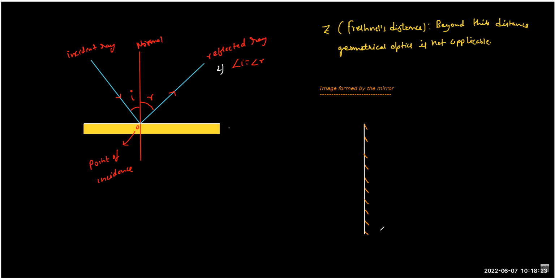So this is how we represent the plane mirror. Okay, I'll start with the plane mirror. So what is a plane mirror? A mirror with infinite radius. You can think that a plane mirror is also a mirror of infinite radius of curvature.